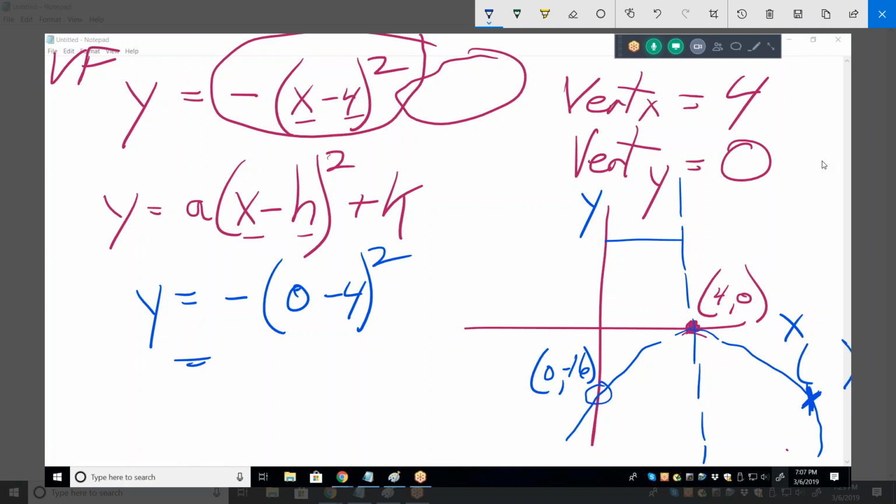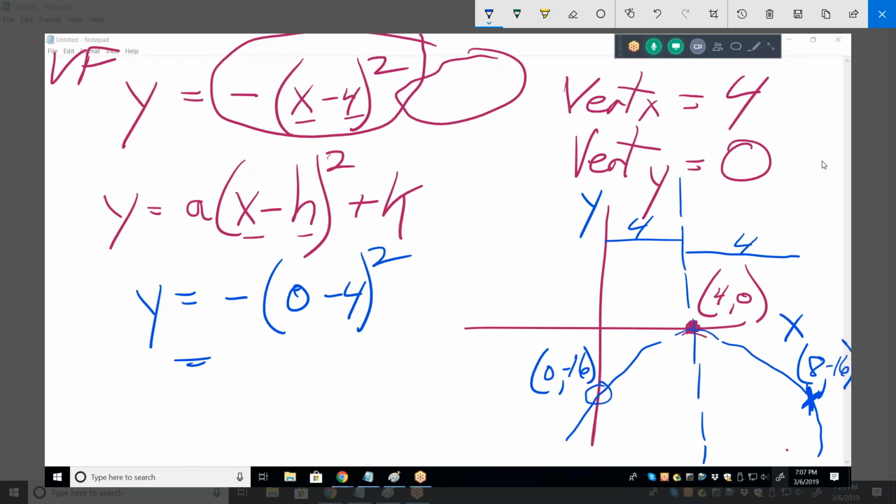Okay. So if it's 4 units from there to there, and it's got to be how much units from there to there? If 4. So okay. So they're both 4. So what's the x-coordinate on this third point? 8. Okay. What's the y-coordinate? 16? Negative 16. Negative 16.